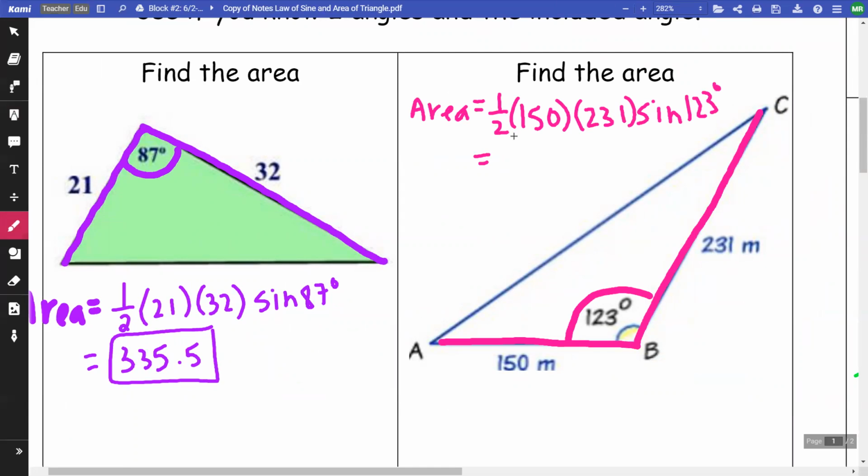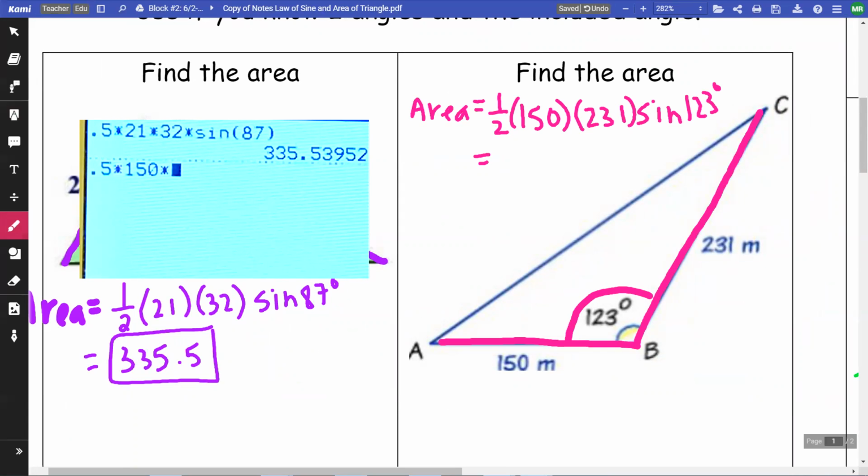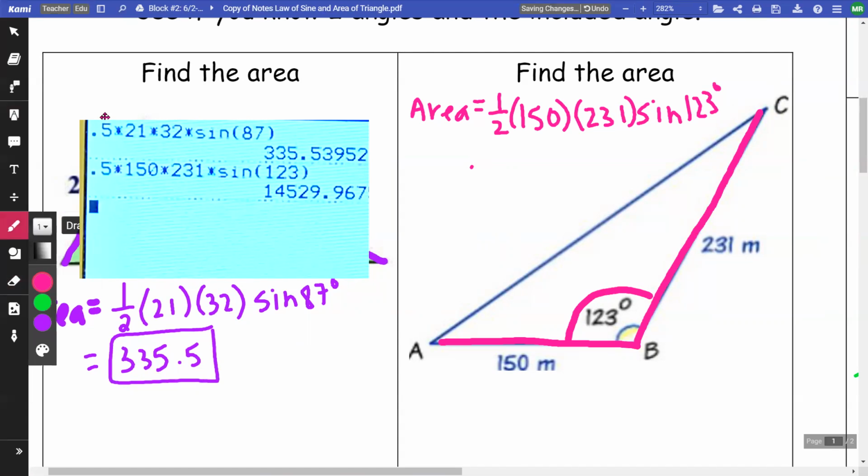Put that into my calculator: 0.5 times 150 times 231 times sine of 123. I end up getting about 14,530.